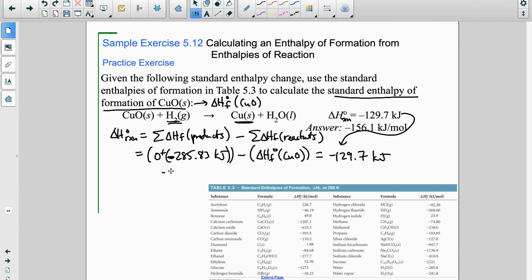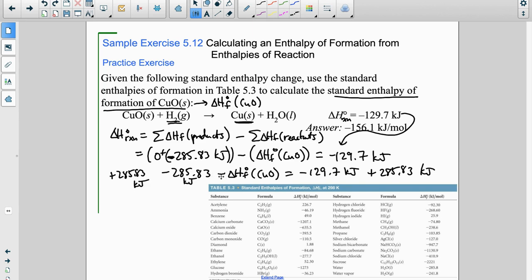So here, if I just write this out again, we have that minus our delta H CuO is equal to minus 129.7 kilojoules. And so moving my 285 over to the other side, I need to add 285.83 to both sides. But then remember that this will leave a negative sign here.